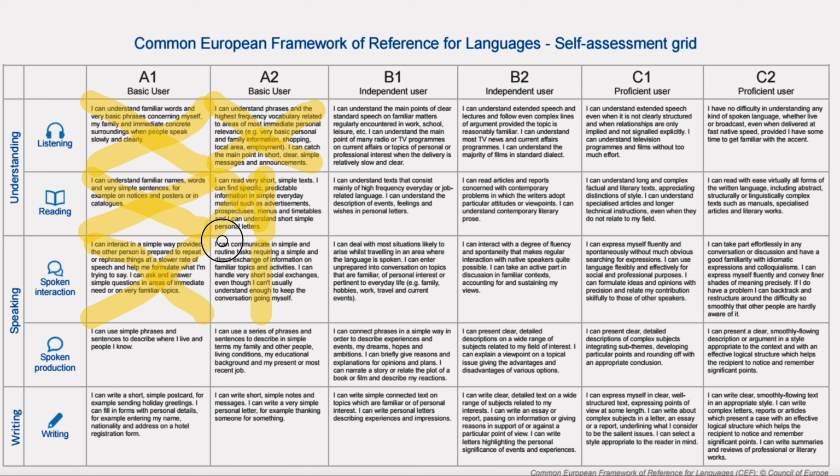Again, I'm going to say about halfway here. Spoken production: I use simple phrases and sentences to describe where I live and people I know. Yes, we can do that. I can use a series of phrases and sentences to describe my family, people, living conditions, educational background. Yeah, somewhat.